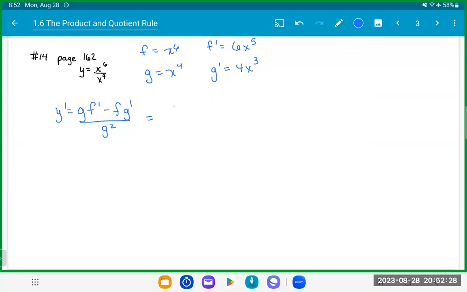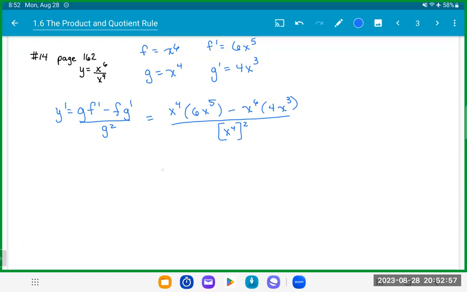So my G function is X to the 4 times F prime, which is 6X to the 5, minus F, which is X to the 6, times G prime, which is 4X cubed, divided by G squared, which is X to the 4 squared. Okay?